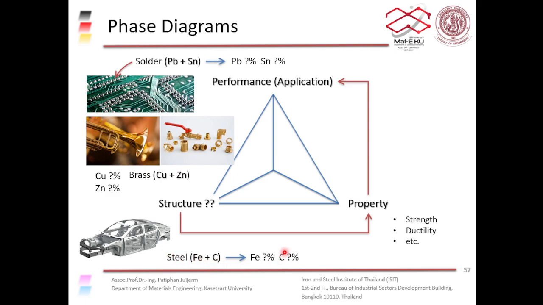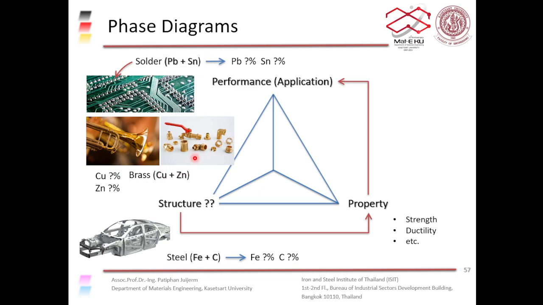How do we know how much iron and how much carbon we need to produce the type of steel that can be used for car parts? Or how much copper and how much zinc do we need to produce brass, right? Brass for musical instruments, or brass fittings in a plumbing network, right?